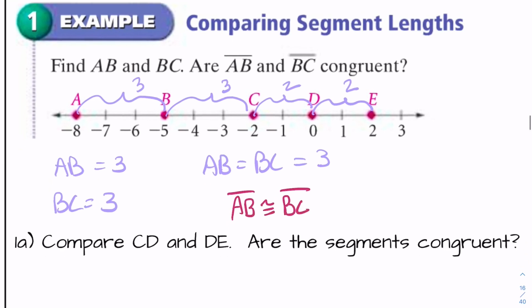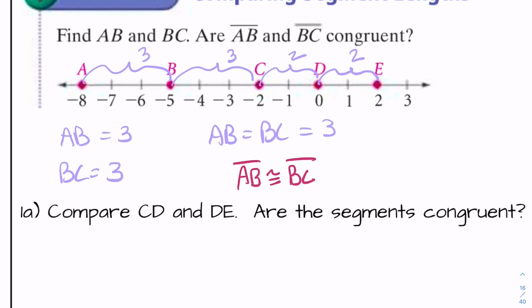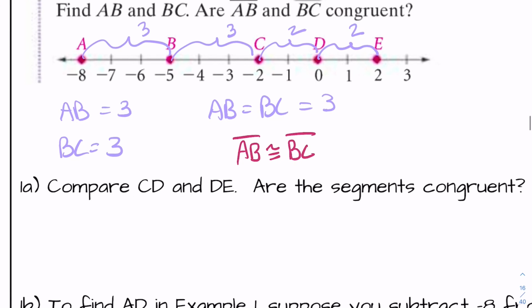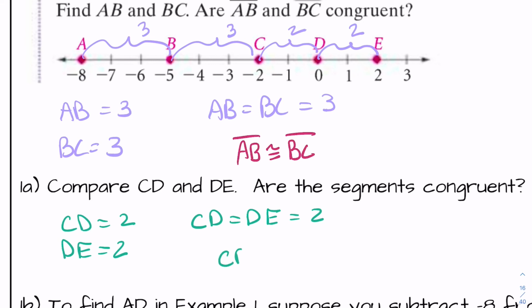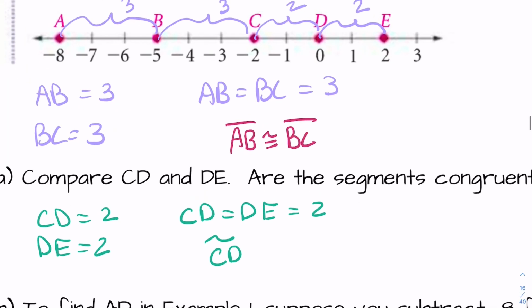Okay? Compare CD and DE. Are the segments congruent? Literally the same question. And yes, CD equals 2. DE equals 2. So CD equals DE equals 2.